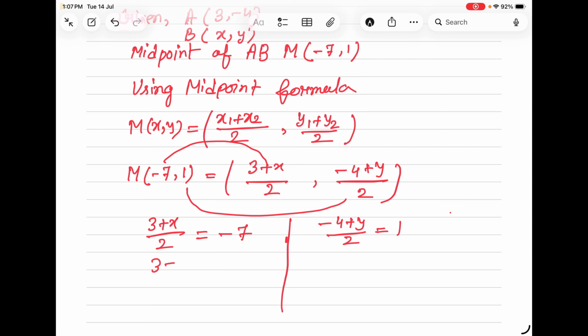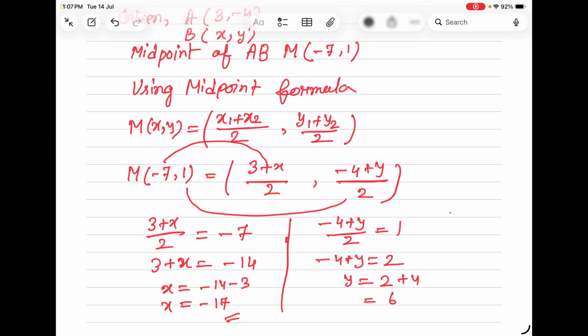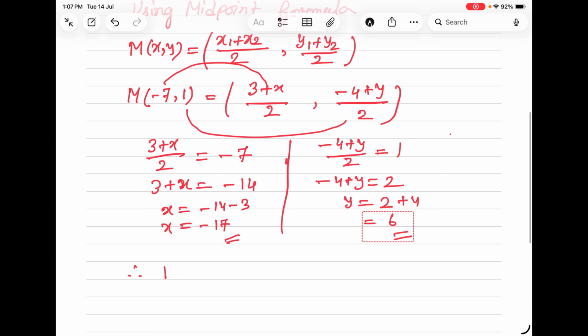First, 3 plus x equals minus 14, and x equals minus 14 minus 3, you get minus 17. This is the value of x. And y: minus 4 plus y equals 2, therefore y equals 2 plus 4 equals 6 is the value of y. So the point B, whose coordinates are x and y, is (minus 17, 6). This is the answer.